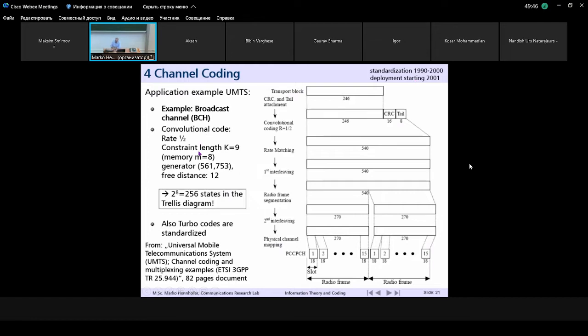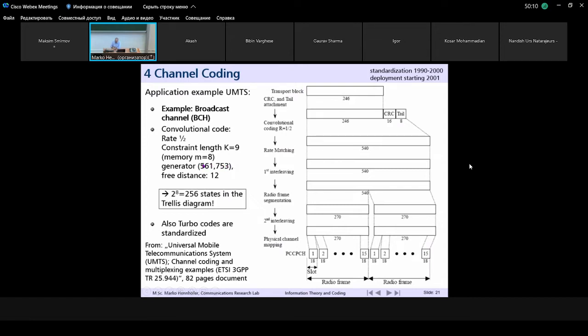The part that is interesting for us from the coding point of view is that actually not a lot happened there. Still, convolutional codes were used in UMTS. Notice the large constraint length now, constraint length 9, meaning a memory of 8, because this belongs to a larger generator.